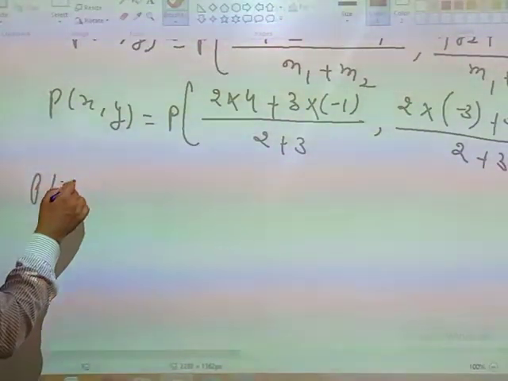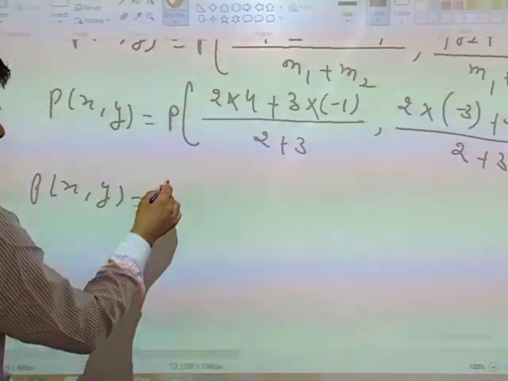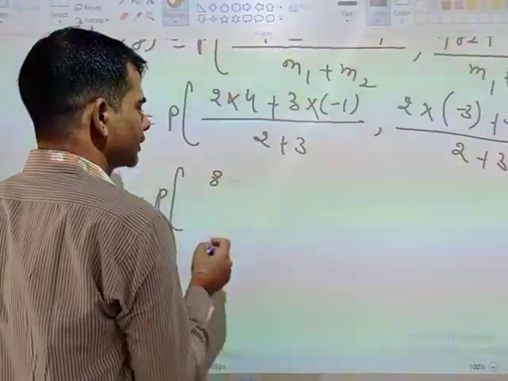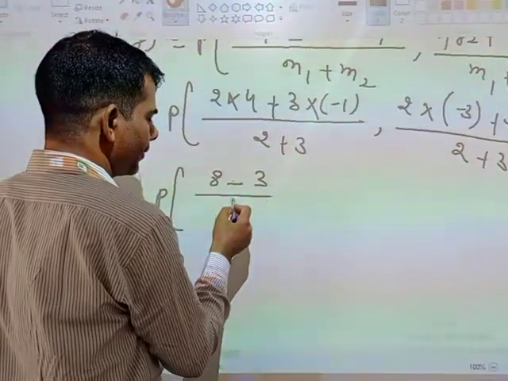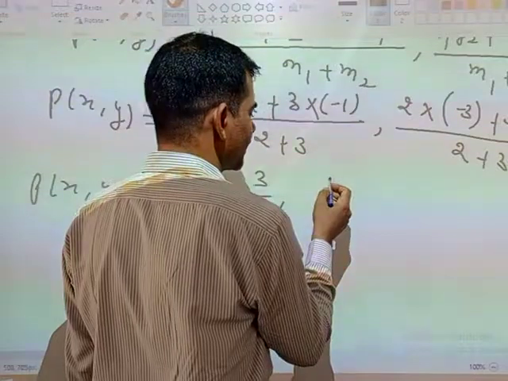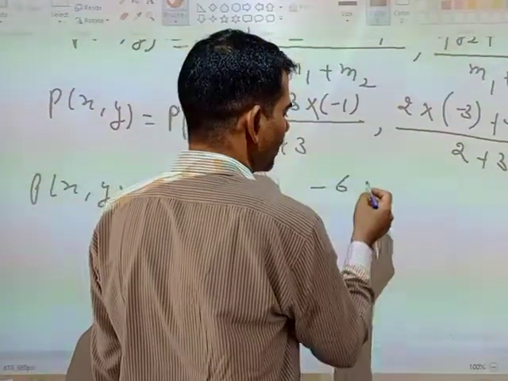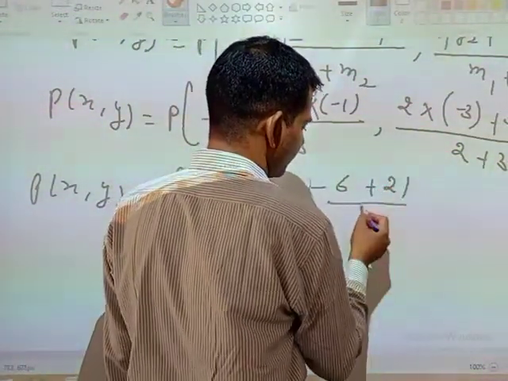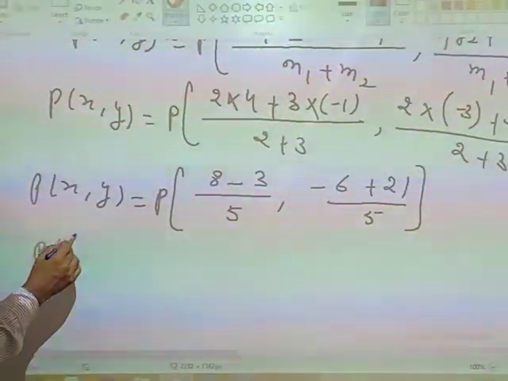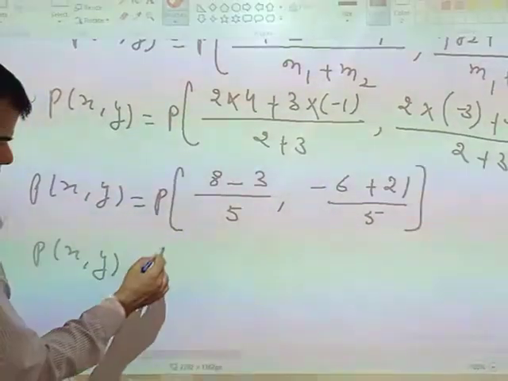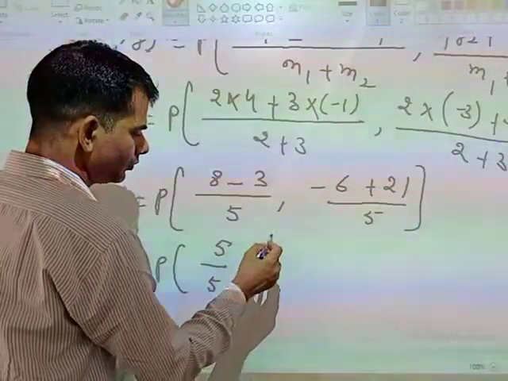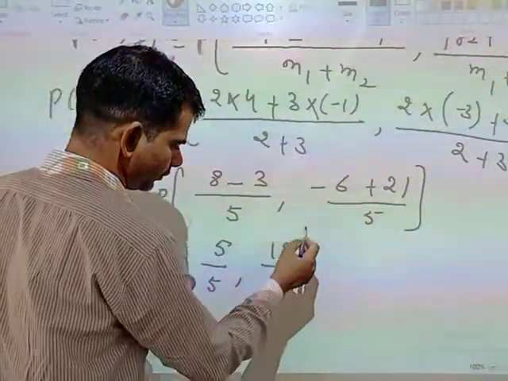P(x, y) equals 2 into 4, 8, minus 3, divided by 5. And 2 into -3, minus 6, plus 21, divided by 5. Now find the coordinate of point P(x, y): 5 by 5 and 15 by 5.